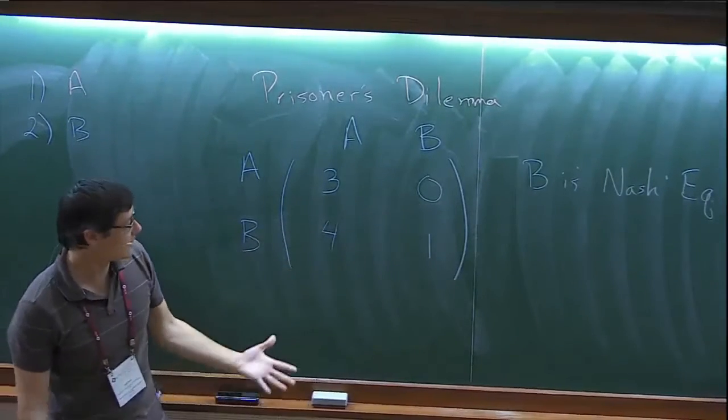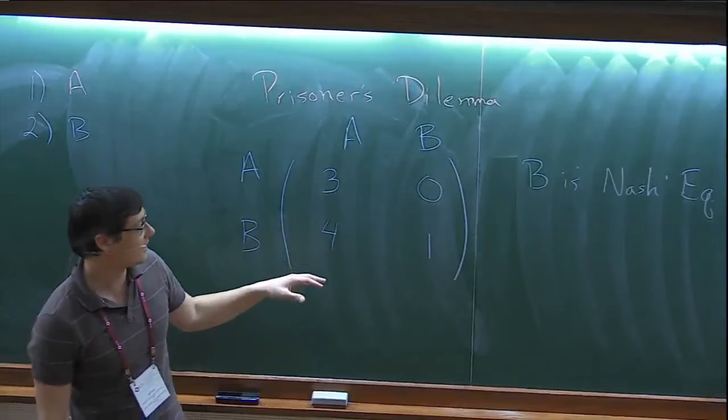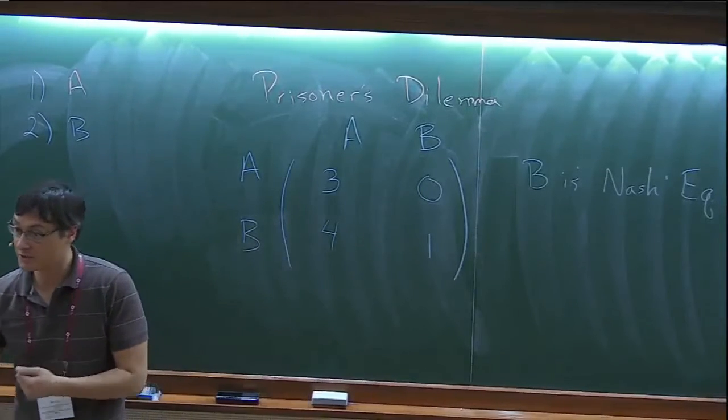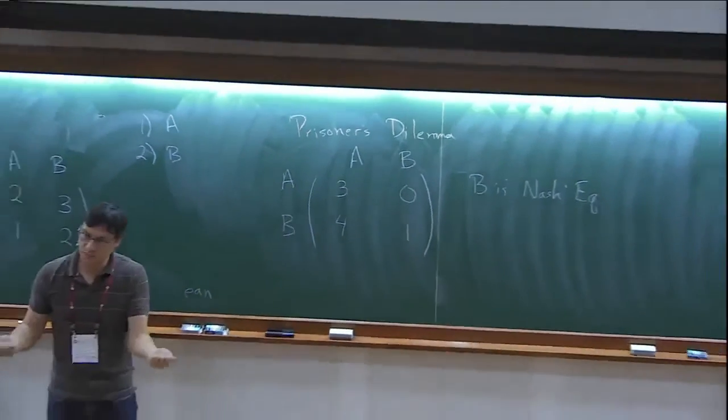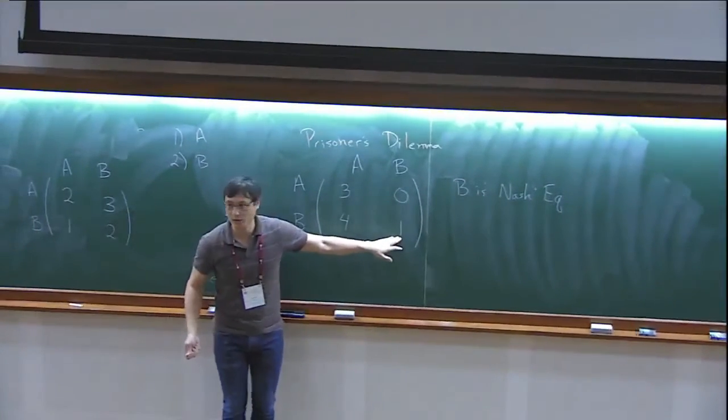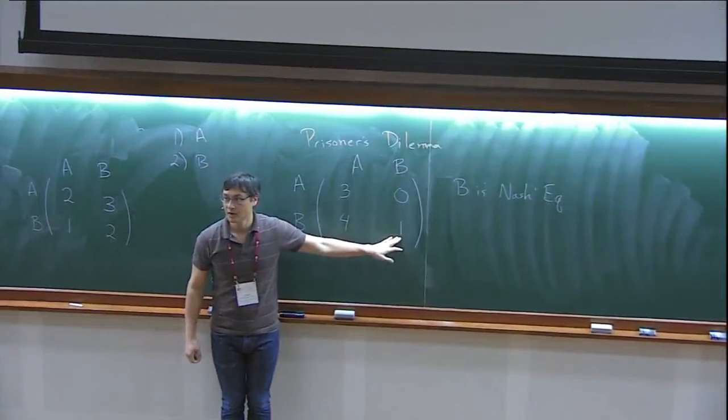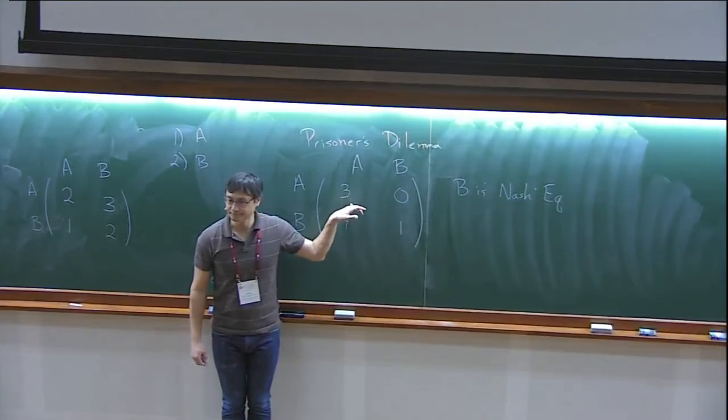But the kind of weird thing is that this is your reasoning, so you'll play strategy B. Your opponent goes through the same reasoning, so he plays strategy B. Both of you get payout 1. And the important thing to note is that 1 is less than 3.